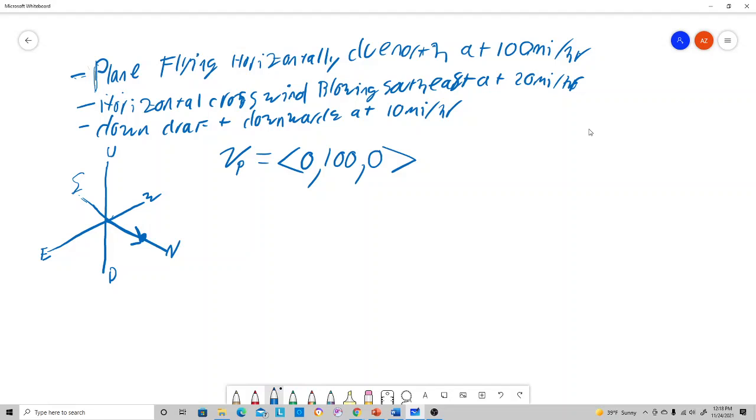When it says southeast, we assume it's always 45 degrees, so in between south and east, it's exactly 45. So where is southeast? Southeast is about here, but it's at 20 miles an hour. So we can say this is 20, and we travel about 45 degrees.